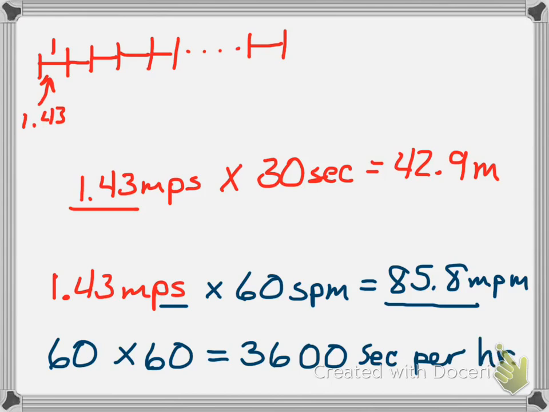So you could just multiply that 1.43 times the 3,600, and in 1 hour I can actually walk 5,148 meters.